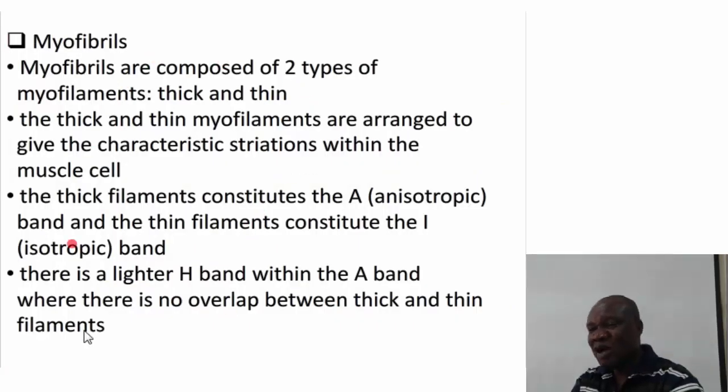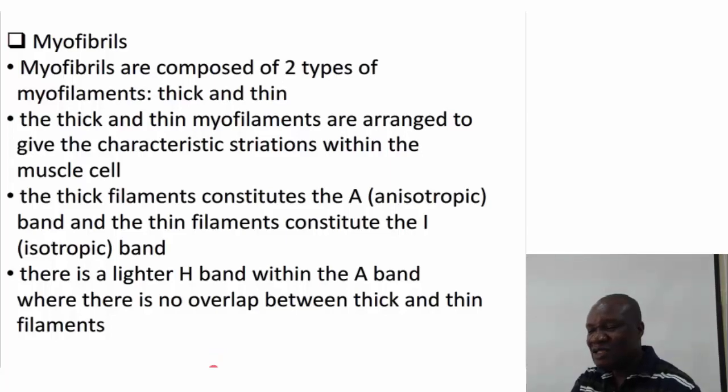We're going to look at the myofibrils. We said that the myofibrils are found in the muscle fiber. The muscle fiber is mainly made up of the myofibrils. And the myofibrils are made up of two myofilaments, the thin and the thick filaments.